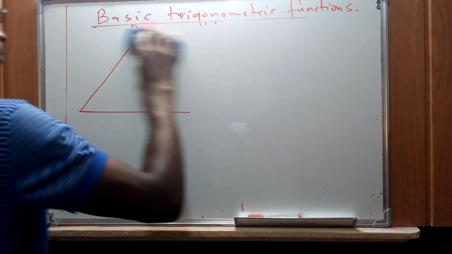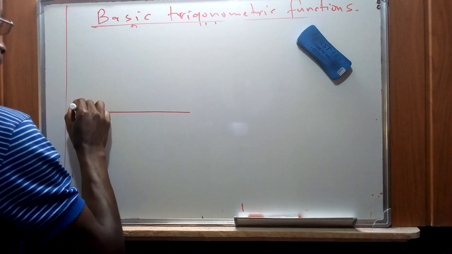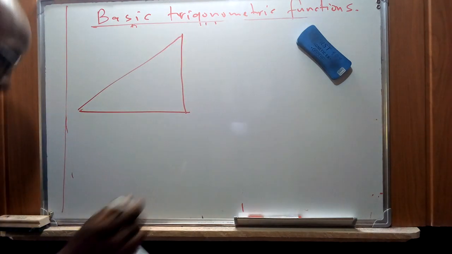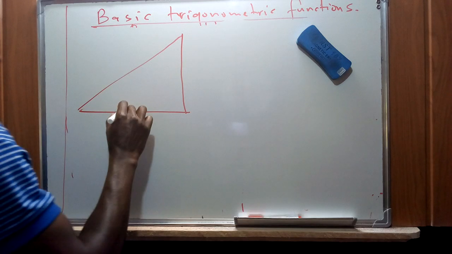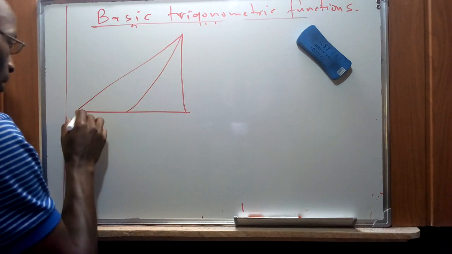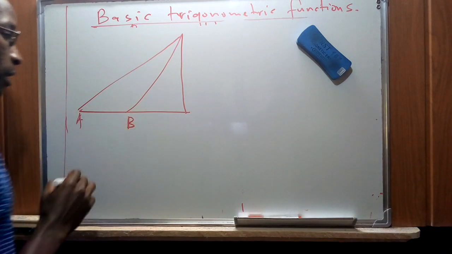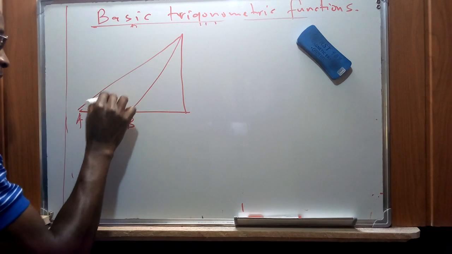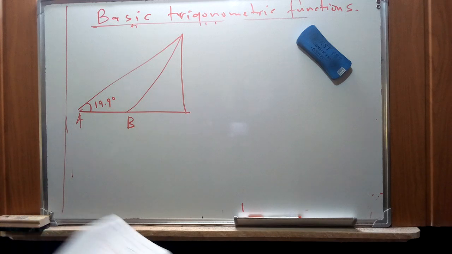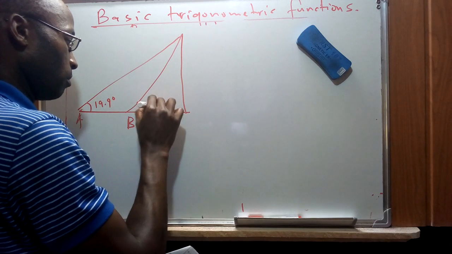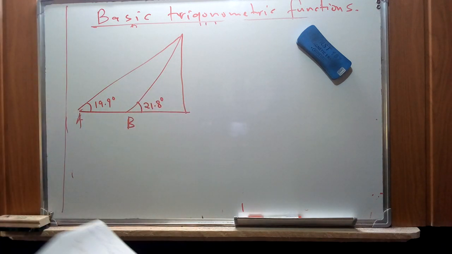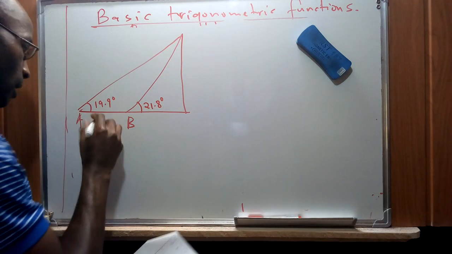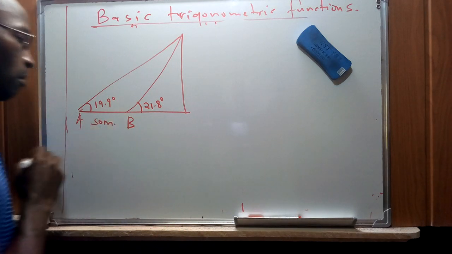The two angles formed between the points A, B are 19.9 degrees and 21.8 degrees, and the distance between A and B is 50 meters.